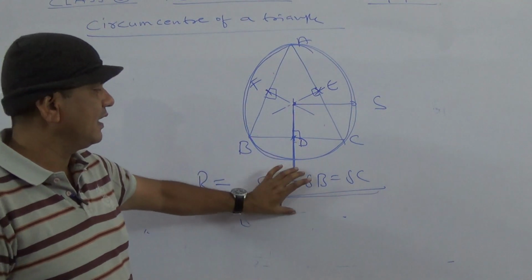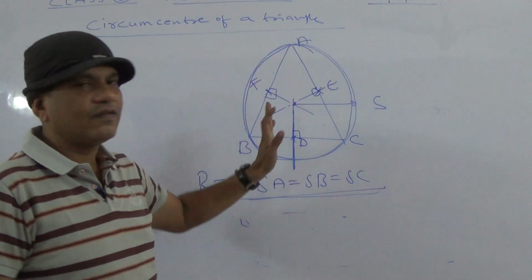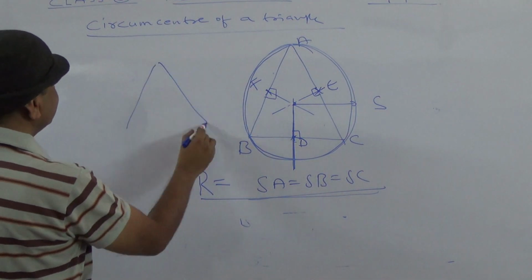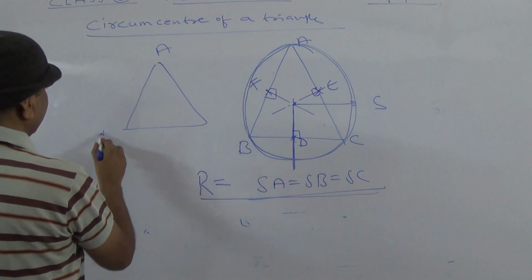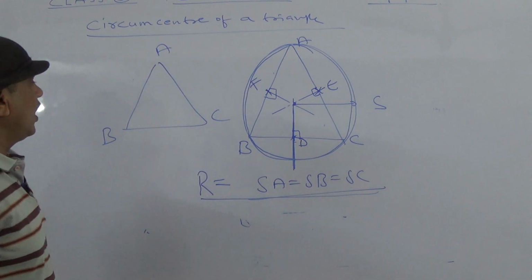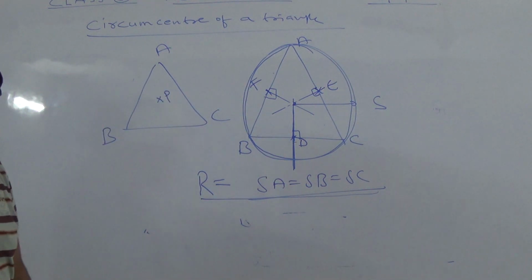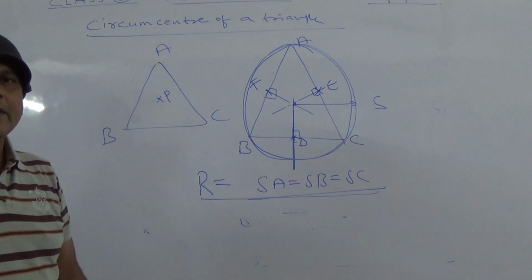Circumcenter is equidistant from the vertices. For example, ABC is any triangle and P is any point.